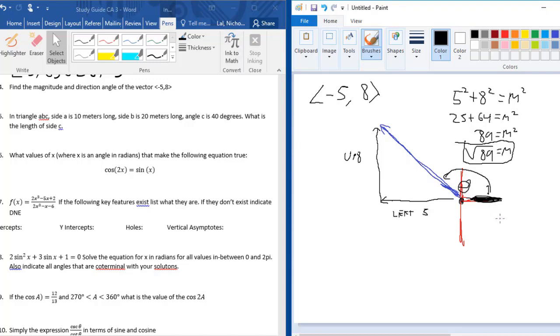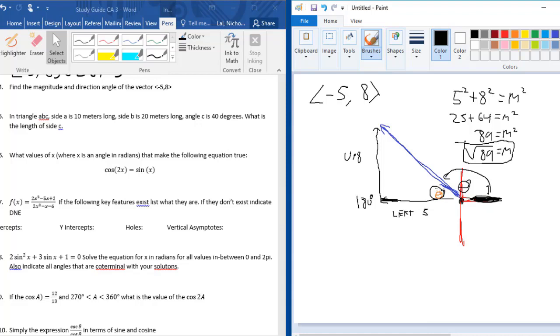So in quadrant 2, I will need to find my reference angle of the right triangle and subtract that from 180. Because this is starting from right here, that's 180 degrees. We subtract my reference angle from 180 to get my actual angle. So let's find the reference angle first.